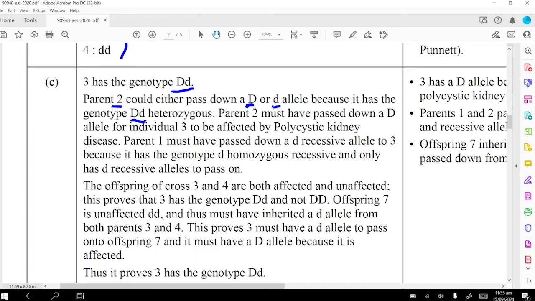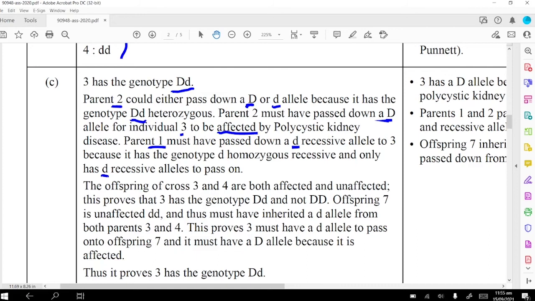They tell us that in the question. Parent 2 must have passed down a capital D for the individual 3 to be affected by polycystic kidney disease. Parent 1 must have passed down a little d recessive allele to 3 because it has the genotype of homozygous recessive and only has a little d to give. When we then look at number 3's children, the offspring of the cross 3 and 4 are both affected and unaffected.